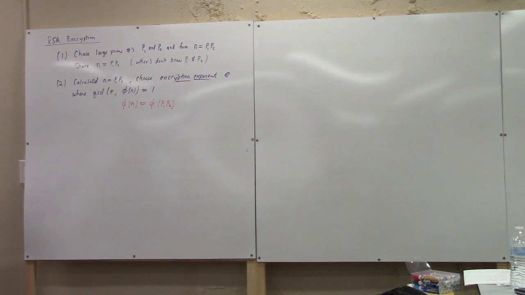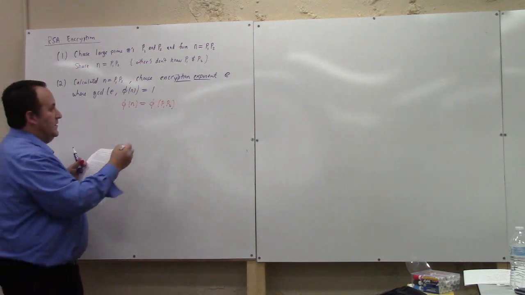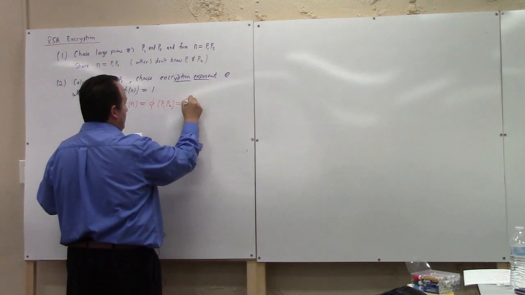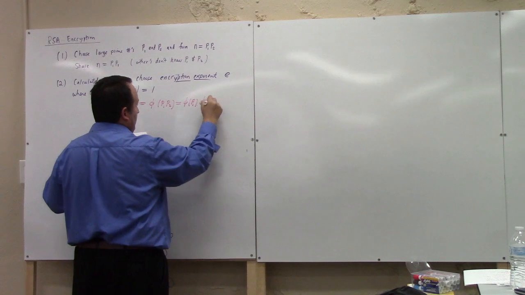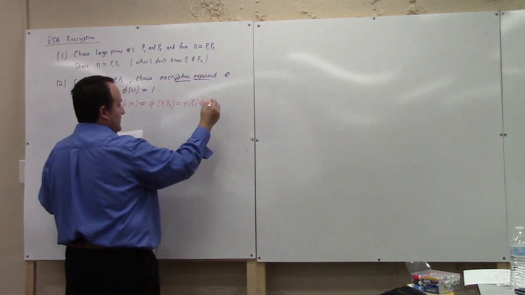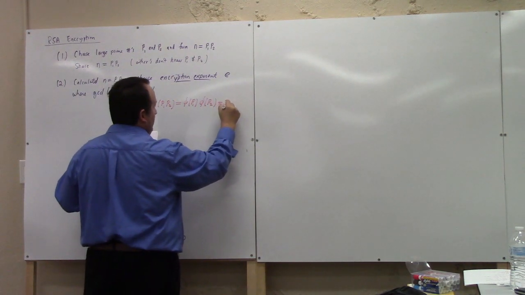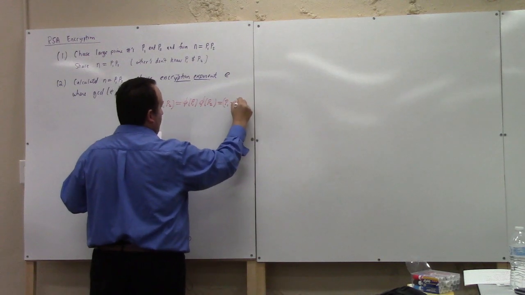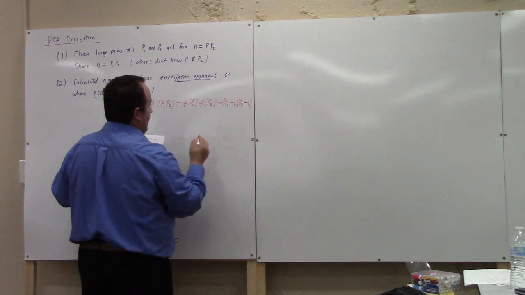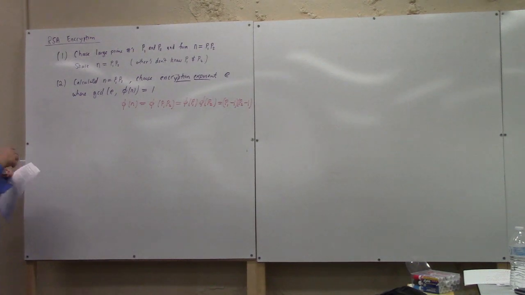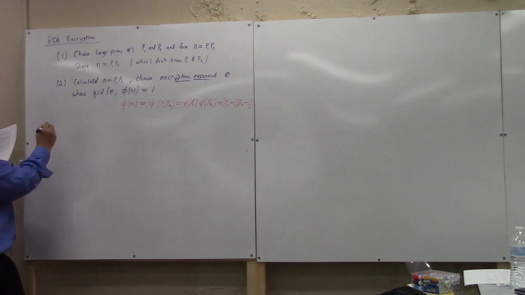And we're saying P1 and P2 are distinct primes. So this is phi of P1 times phi of P2. But these are primes. So that's straight up P1 minus 1 times P2 minus 1. So since you know the primes, you're able to calculate phi of n explicitly. It's not a big deal. And then you choose an encryption exponent E. All right?